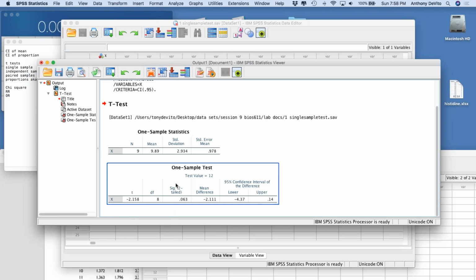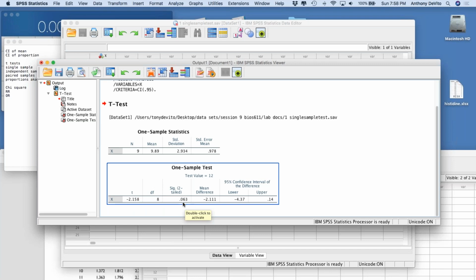That's the probability that if these sample means were the same for population X and population Y, you would get this extreme a difference when you took a sample size of 9. Even if the null hypothesis is true, that's going to happen 6% of the time.